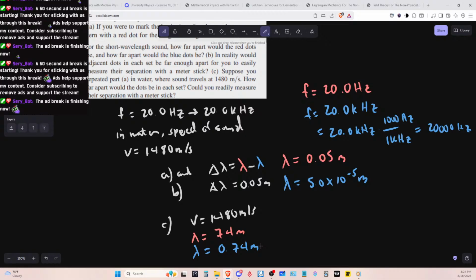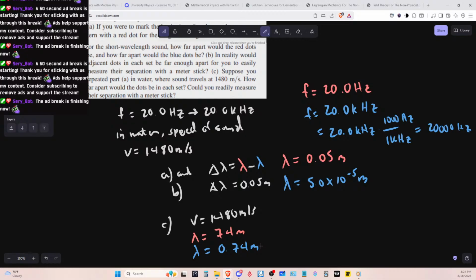Double check my numbers here with the previous one. Okay, yeah, the numbers are about the same. Alright, so for this one, you could definitely measure this with a measuring stick. Because 1 divided by 20 gives 74 meters for the wavelength.